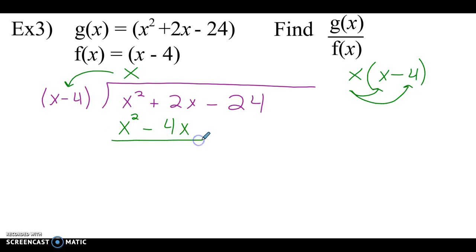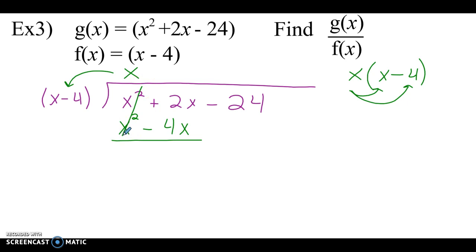In other words, you need to distribute x through what's in front. Then what do we do next? We subtract it down. What is 1x squared minus 1x squared? 0. Yeah, they cancel. That's the goal. We want them to cancel.